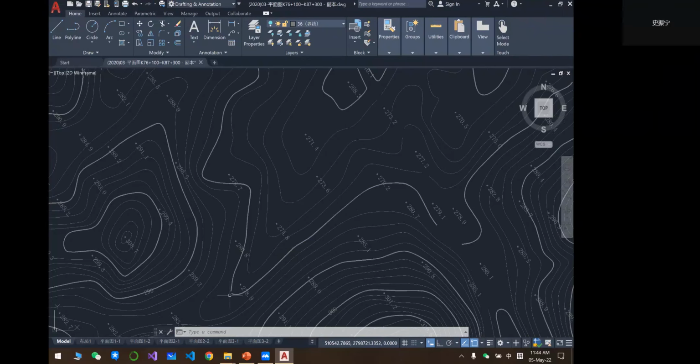Who can tell me? Valley. Yes, it's a valley. Yes, of course.